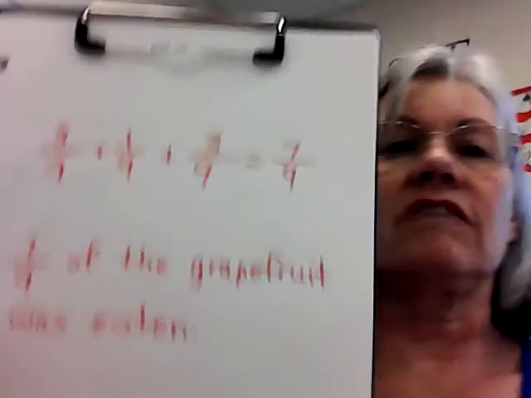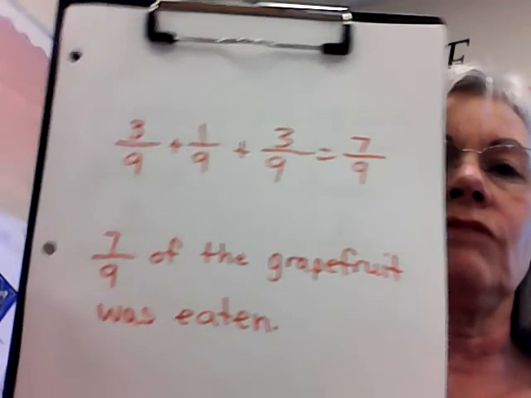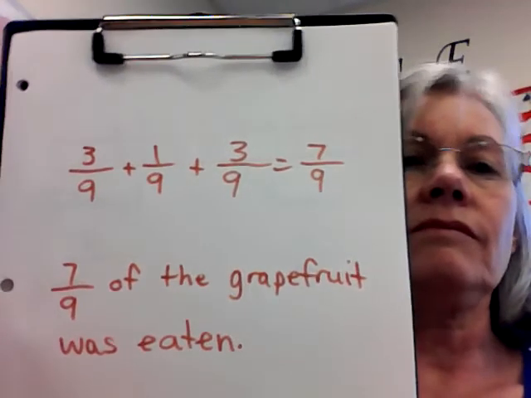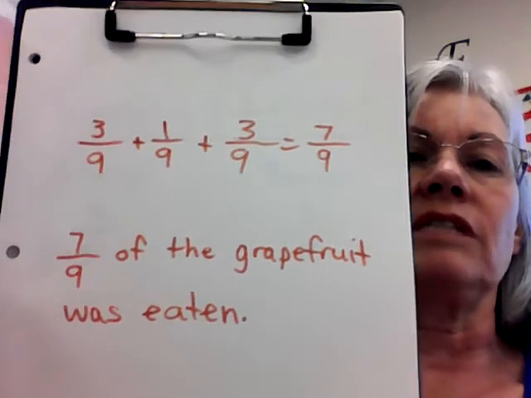I'm pretty certain that you can add 3/9 plus 3/9 together with 1/9, and we'll get a total of 7/9. That's how many sections or parts of the grapefruit are eaten. Not much different than the fraction problems we've been solving during class at school.